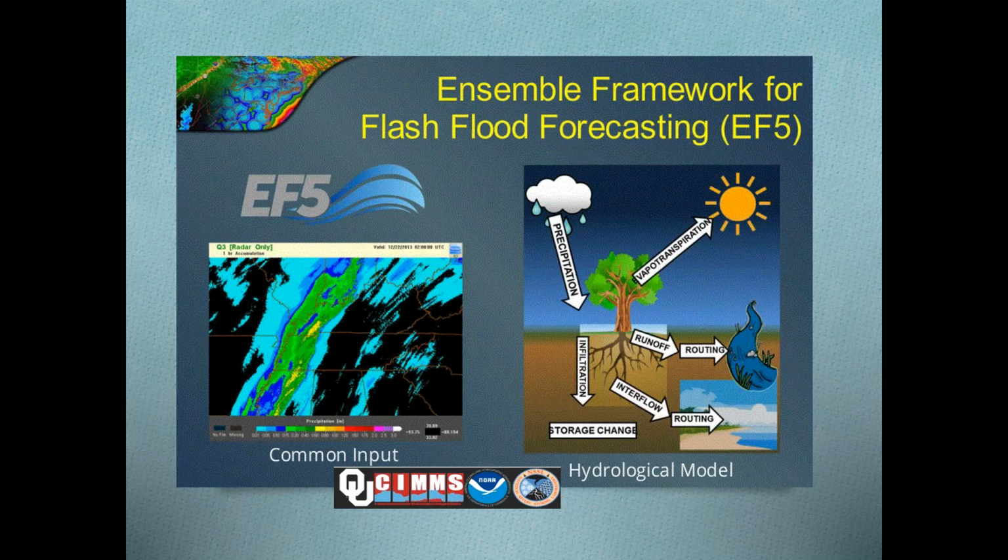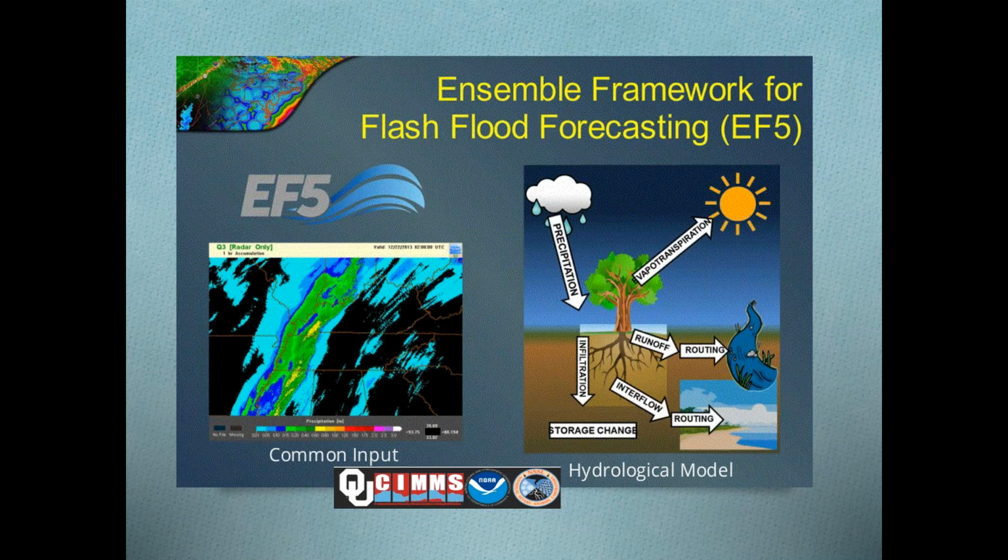The main input is the MRMS radar-only QC precip rates, and they go into the system, and all the pieces of how the water is going to interact with the land are assessed in 3 different models.